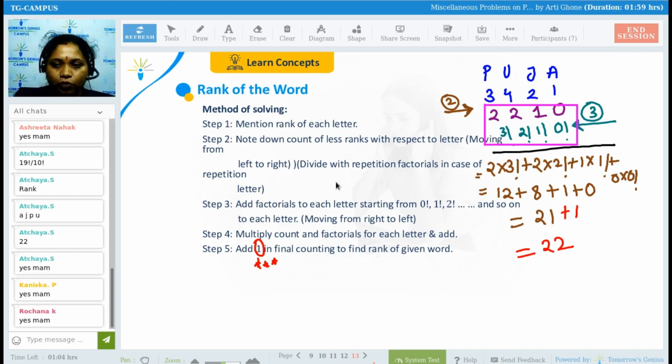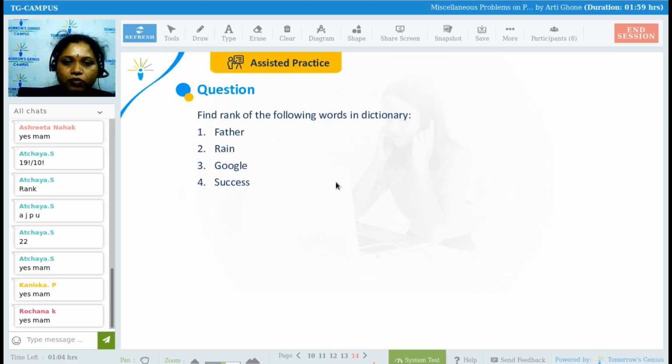In this scenario, who answered that sequence in the chat, I guess Achaya: A, J, P, U. Okay, so we have to write down the letters in sequential order. After that, if we have 4 letters, then it is 4 factorial into 4. Likewise, this is such a long procedure to take for each word. Clear? Instead of that, these 4 to 5 steps are very easy. Is the process cleared? Okay.